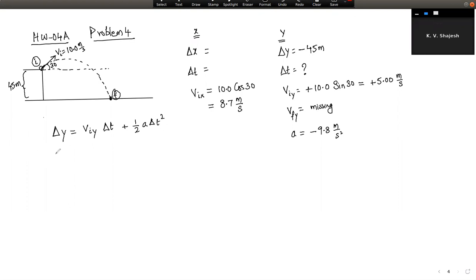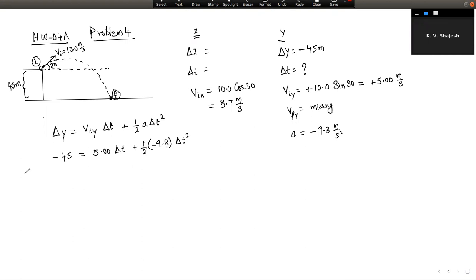Substitute in the numbers: delta y is minus 45. I typically keep meters, seconds, and kilograms, but mass is not coming into the picture in these chapters, so we can drop the units and bring them back whenever we want to. The initial y is plus 5, so it's 5.00 times delta t, plus half times minus 9.8 times delta t squared. 9.8 divided by 2 is 4.9.